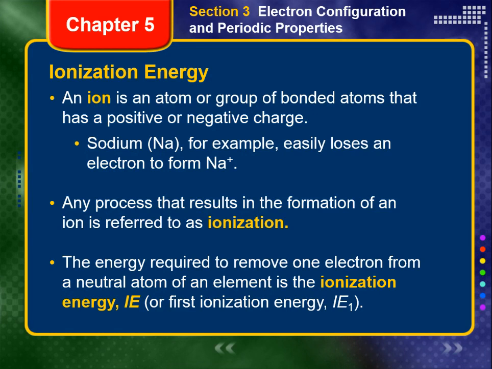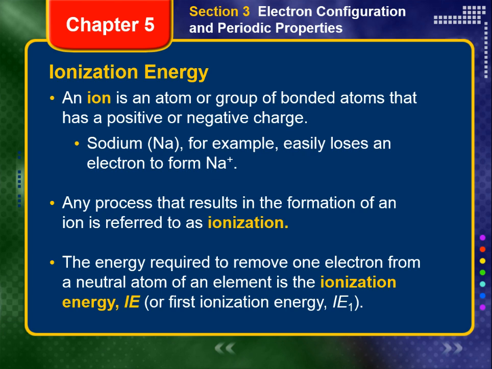Ionization energy. An electron can be removed from an atom if enough energy is supplied. Using A as a symbol for an atom of any element, the process can be represented as follows: A plus energy reacts to form A with a positive charge and an electron.